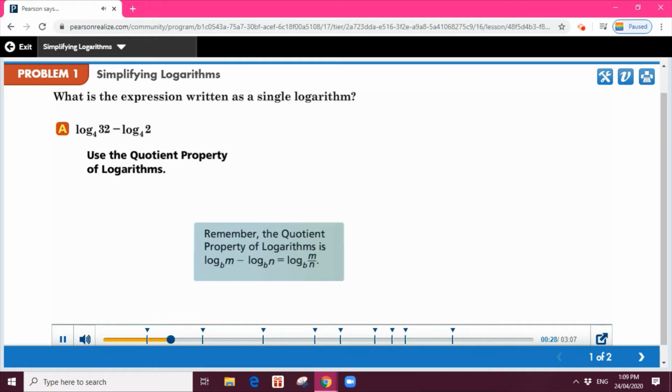Remember, the quotient property of logarithms says that a logarithm in the form log base b of m minus log base b of n is equal to log base b of m divided by n. For this expression, use 4 for b, 32 for m, and 2 for n.